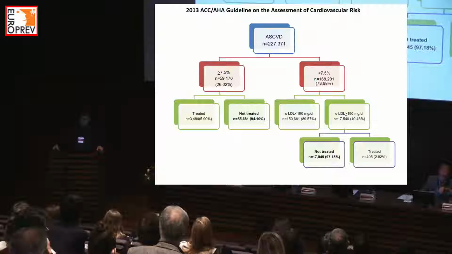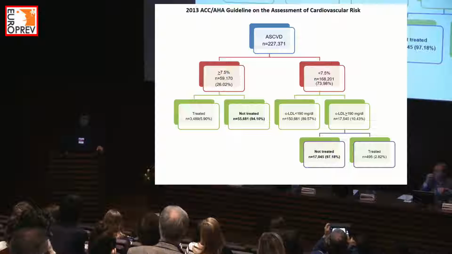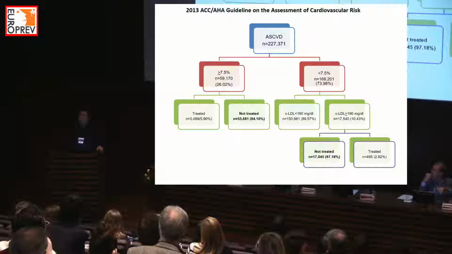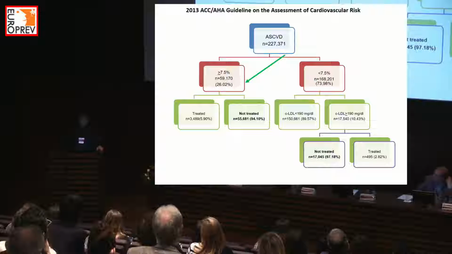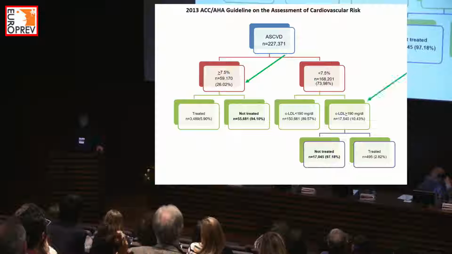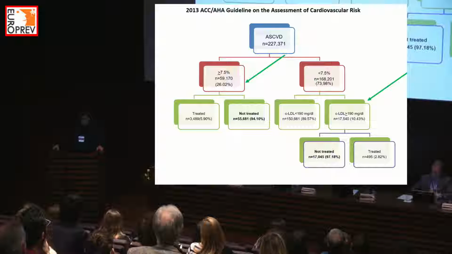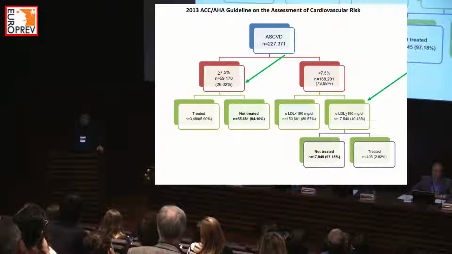And if we apply the American guidelines, where the threshold is equal or higher than 7.5%, about 26% of the population are considered high risk. But also those patients that have LDL higher than 190, which is about 10%, should be considered high-risk patients.